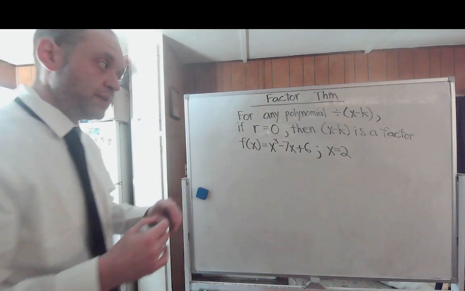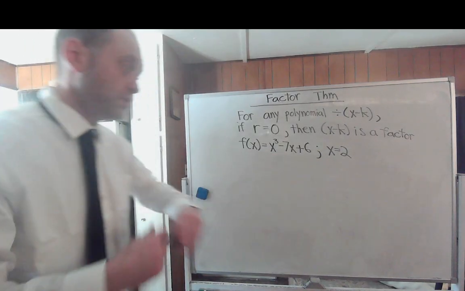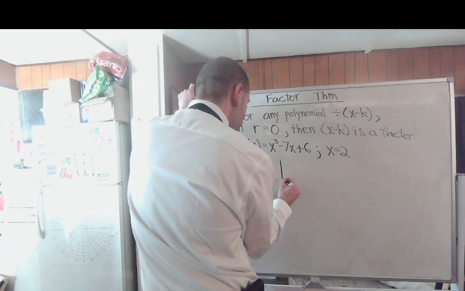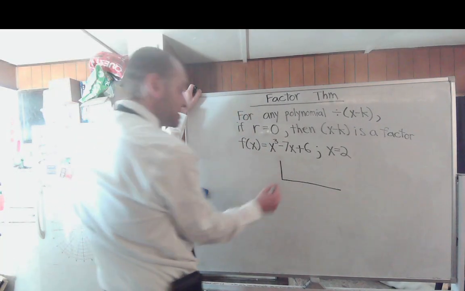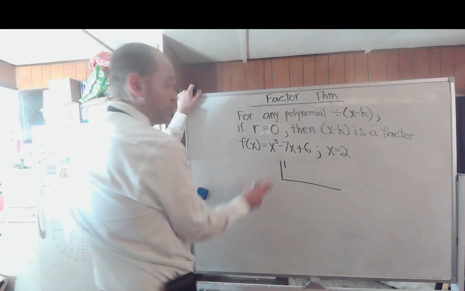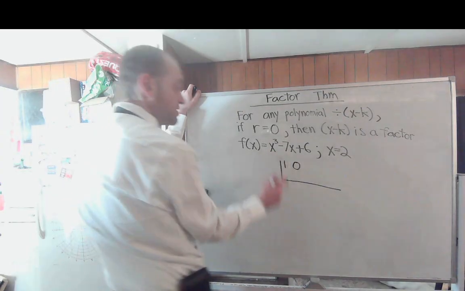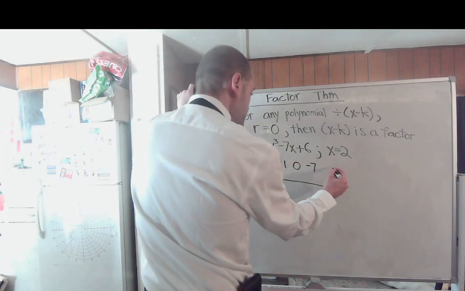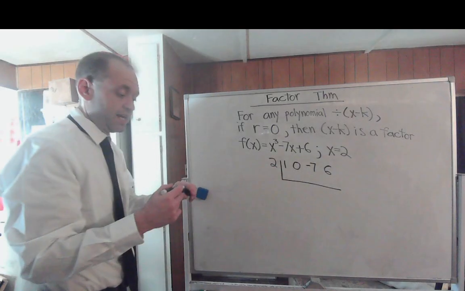So what does that mean? That means we're going to take this polynomial and divide by 2. So let's go ahead, set up your synthetic division. The coefficient on x to the third is 1. You don't have an x squared, so that'll be 0 for that coefficient. Your x to the first is negative 7. Your constant term is 6. You're dividing this by 2. So in other words, you're taking f of 2.